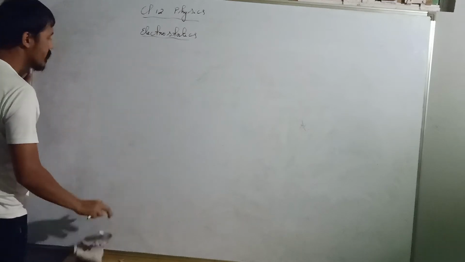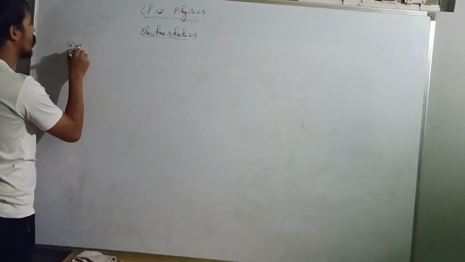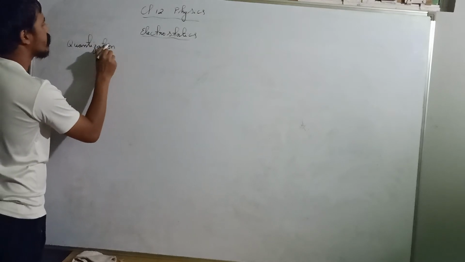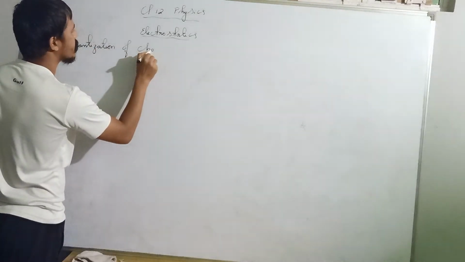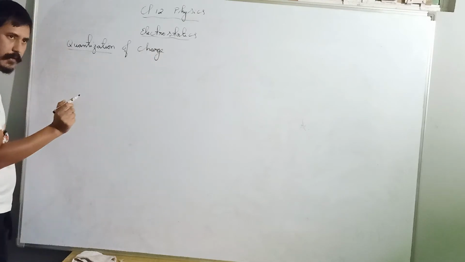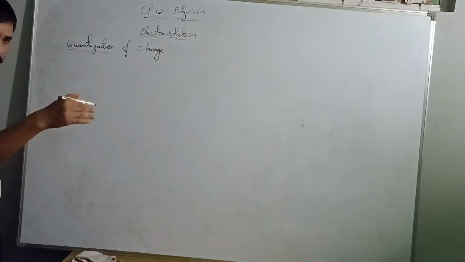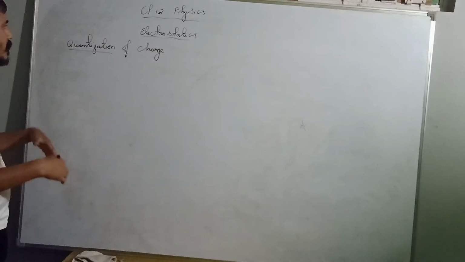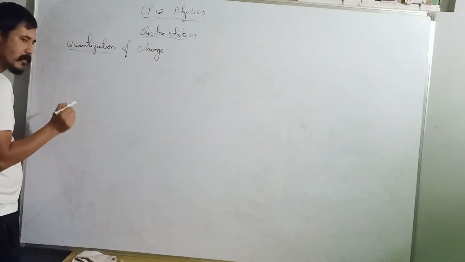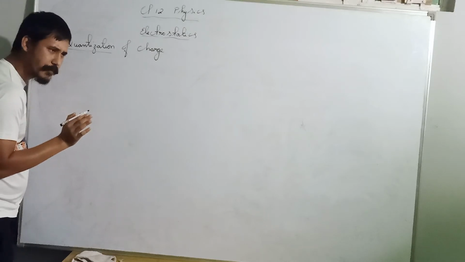Now the next one is quantization of charge. I think these things are not given in the video. Okay, I'm just teaching you some extra things that you need to know. What is the meaning of quantization?